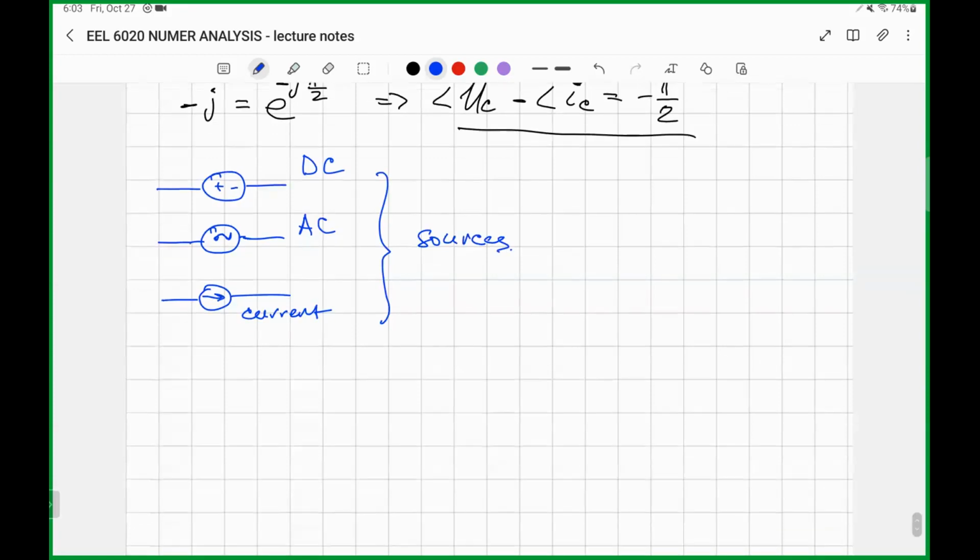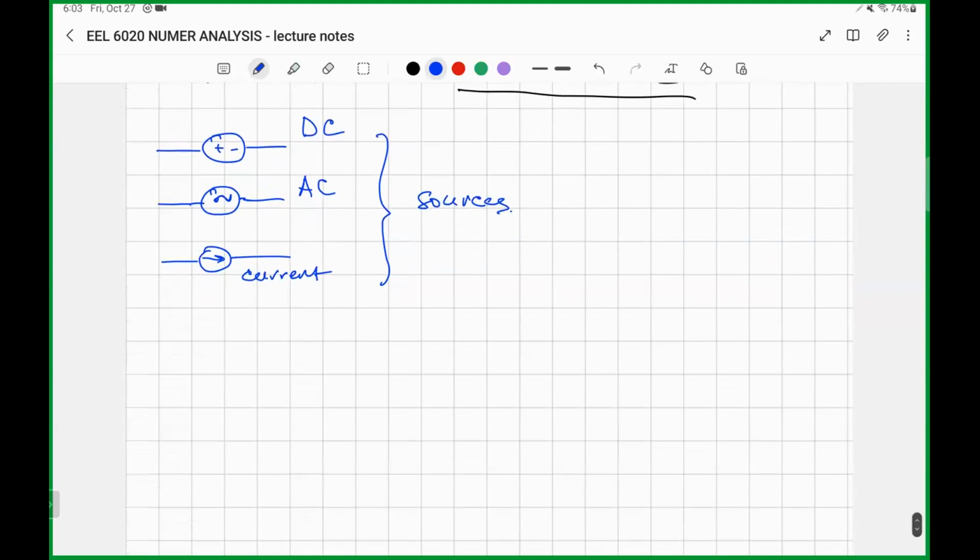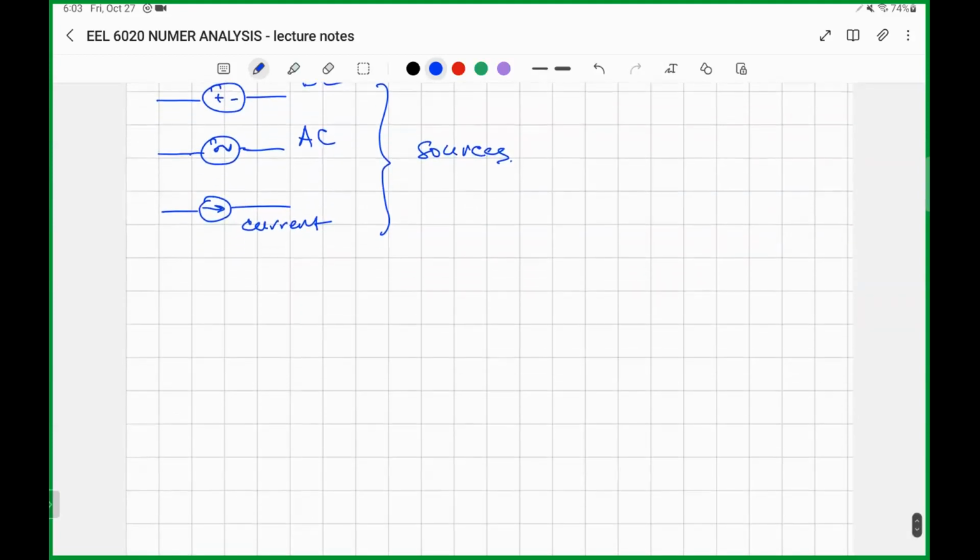So the source drives the current in a circuit, and the purpose or the aim of a circuit analysis is to solve the circuit, or in other words, find the currents and voltages in the circuit. And to do so, we use so-called Kirchhoff's laws, right?